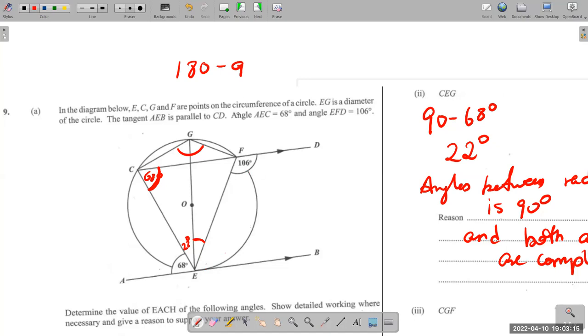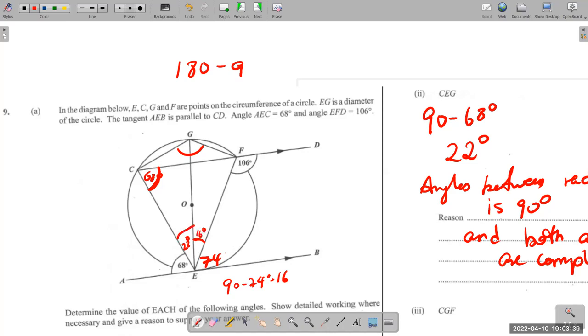So what is that? 74. If I know here is 74, just like how we found this 22, how do I find this piece in here? 90 minus 74, right? And you get 16. So this entire angle, I'm going to put 16 here.